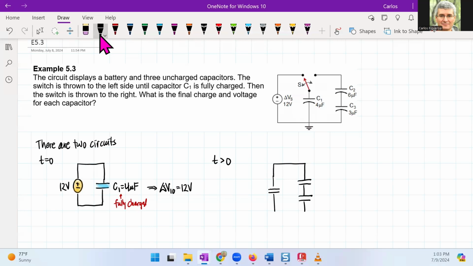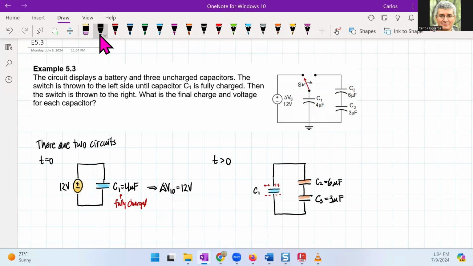It's going to look like this. So this is C1, and C1 is going to be fully charged. Now I have two other capacitors, which are C2, which is 6 microfarads, and C3, which is 3 microfarads, and these guys are completely uncharged.